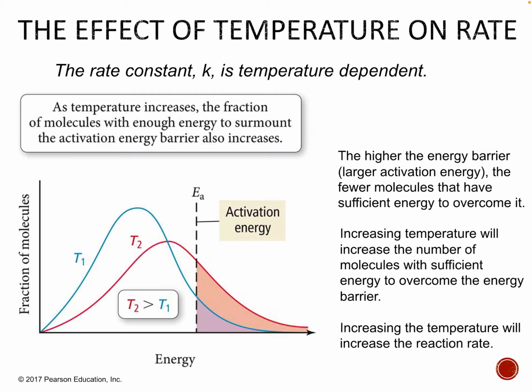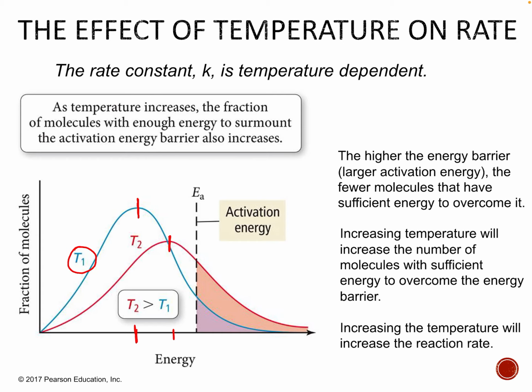Okay, so if we are increasing the temperature, that means all of our molecules are moving faster and more energetically. Okay, so if we had this T1, this is a cold temperature, that's why it's in blue, our average kinetic energy is going to be, let's say, here. And at a hotter temperature, T2, that's in red, our average kinetic energy would be there.